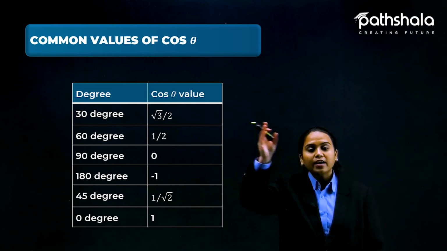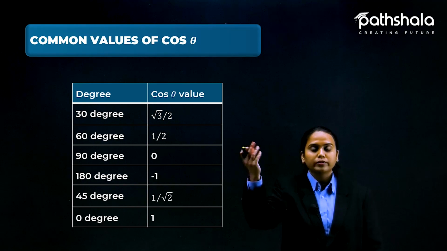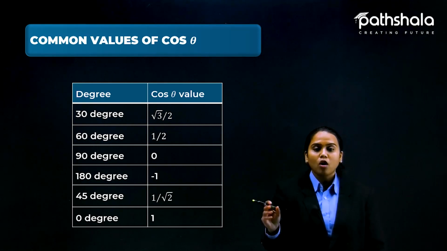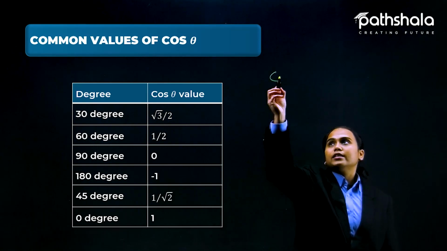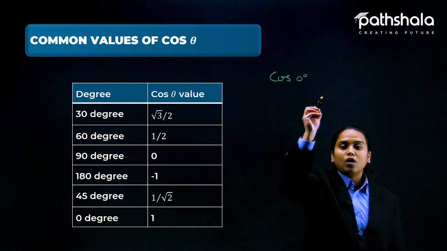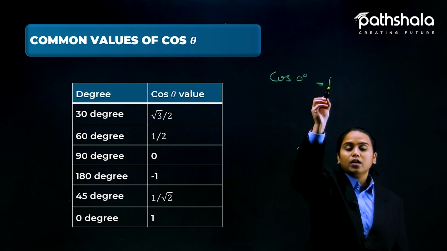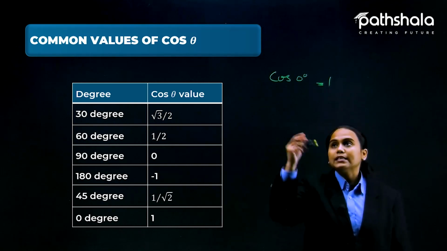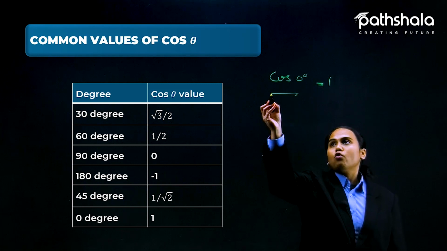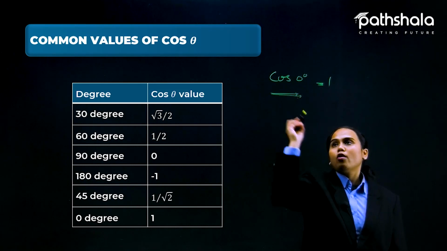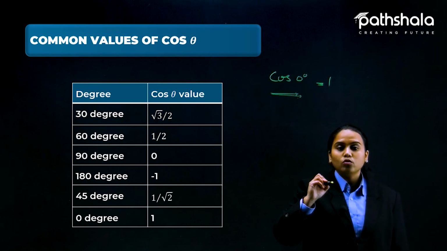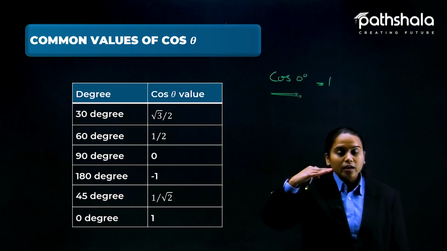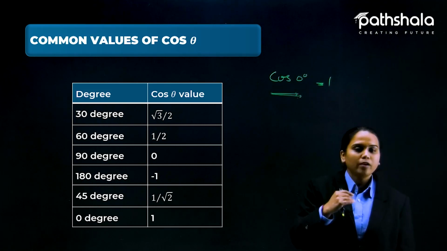For the starting value, cos 0 degree, we have the value 1. So 0 means the angle between the force and the motion of the vehicle is 0, that is, the motion is in the direction of the force.